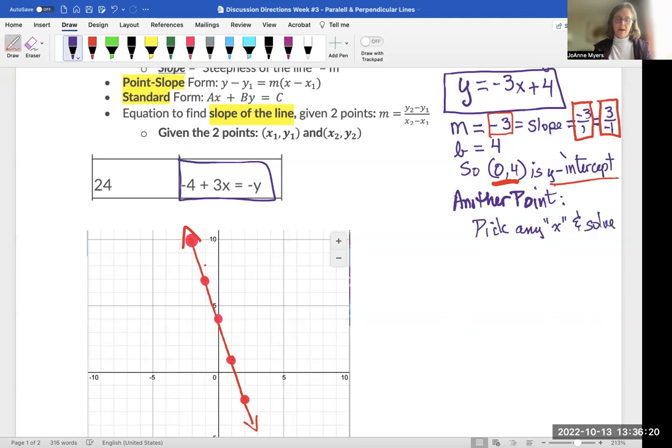Because we have it graphed, we can also just look at the graph. All right, so we're looking for the corresponding y. So here's my example. I'm going to pick x equals 1.